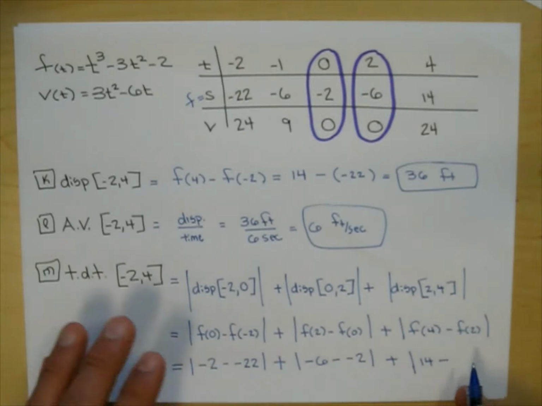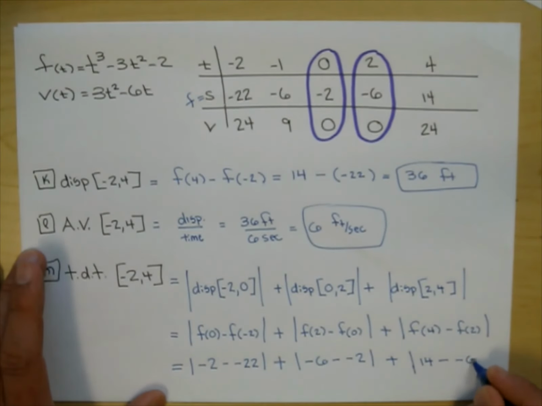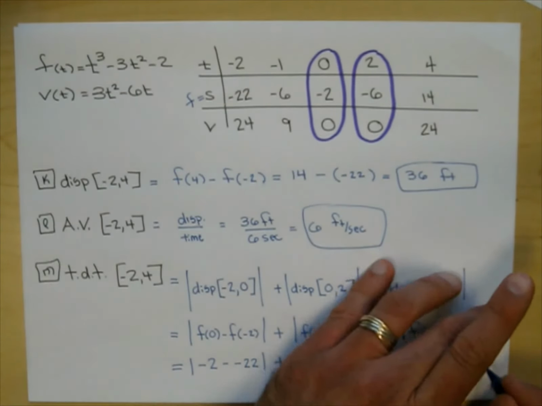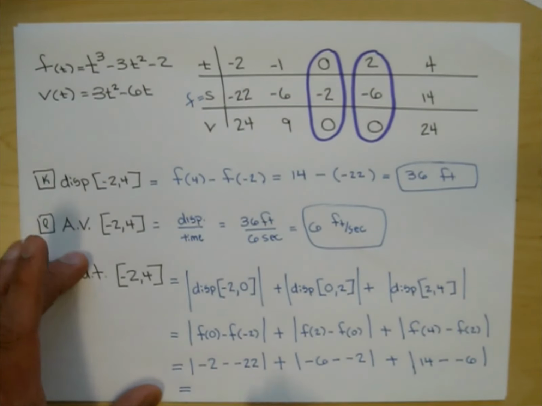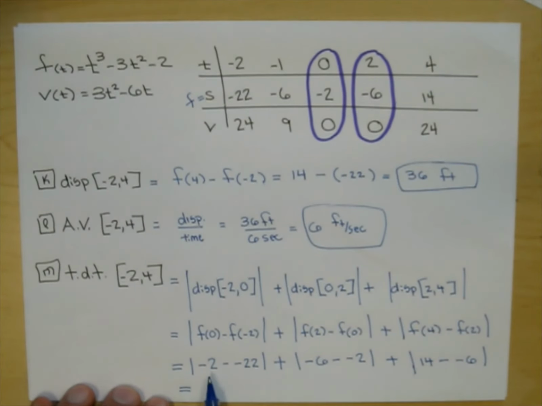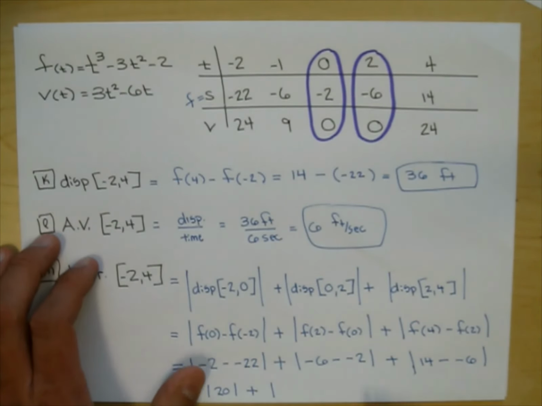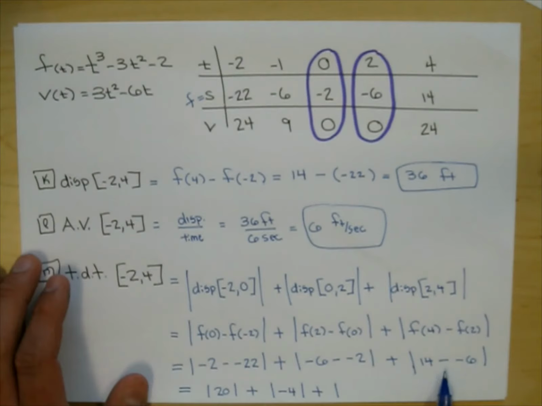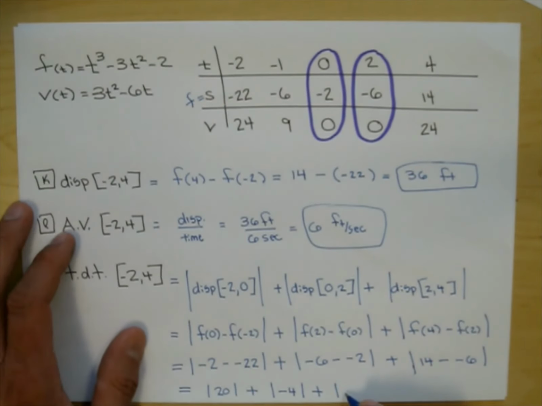And then f of 2 is -6. Running out of room on the paper here, so this is 22 minus 2, which is 20. Absolute value of 20, which is really going to be 20. The next one's going to be -6 plus 2, which is -4. Absolute value of -4. And then this one's going to be 14 plus 6 is 20.